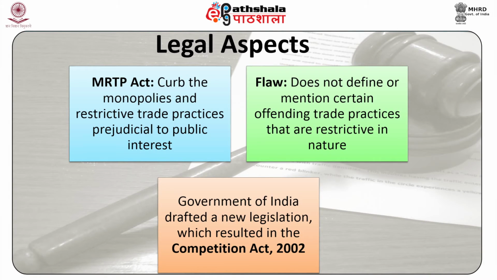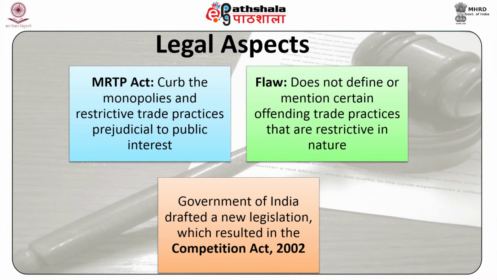The objective of MRTP Act is to curb the monopolies and restrictive trade practices prejudicial to public interest. The Act has some flaws. For example, it does not define or mention certain offending trade practices that are restrictive in nature. Abuse of dominance, cartels, collusion and price fixing, boycotts, refusal to deal and predatory pricing are not covered under the MRTP Act.